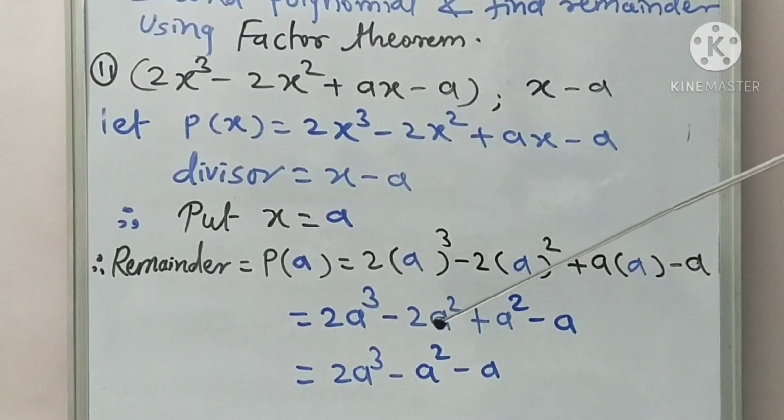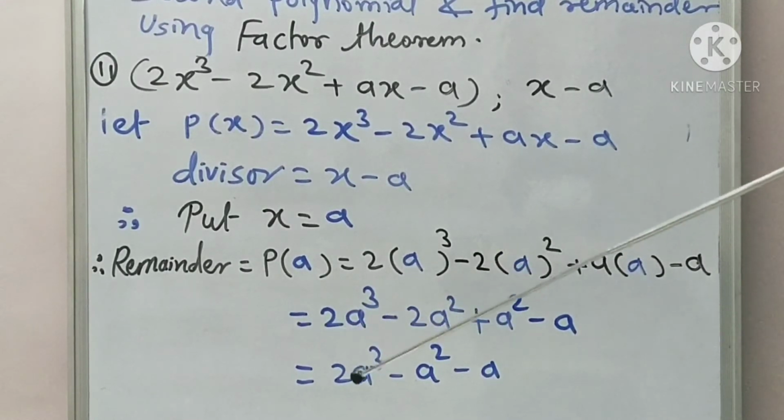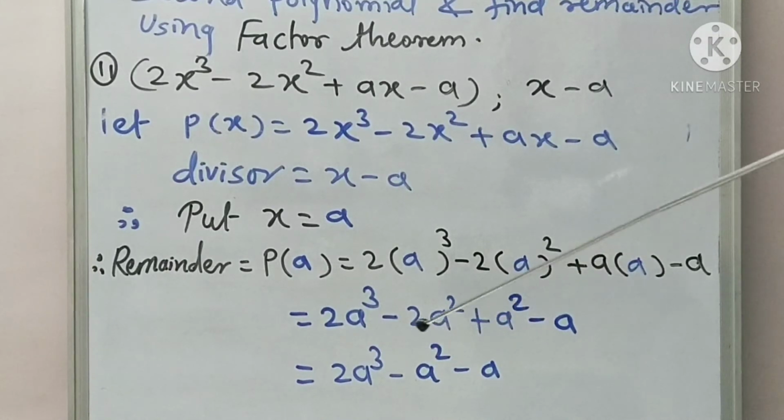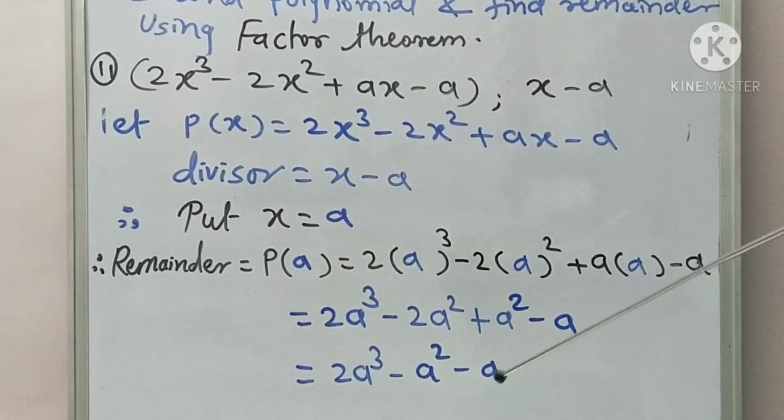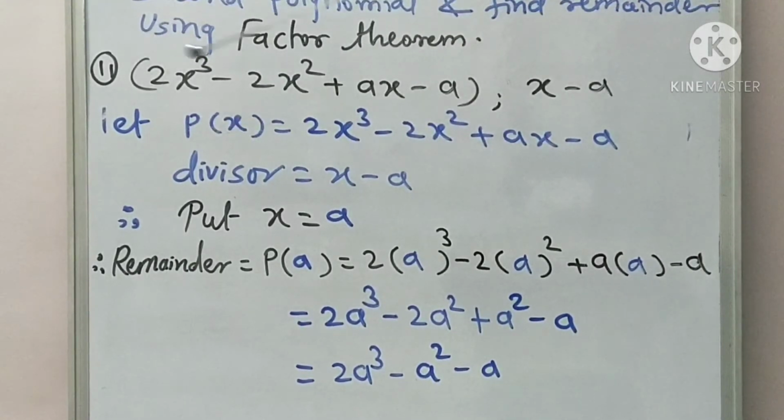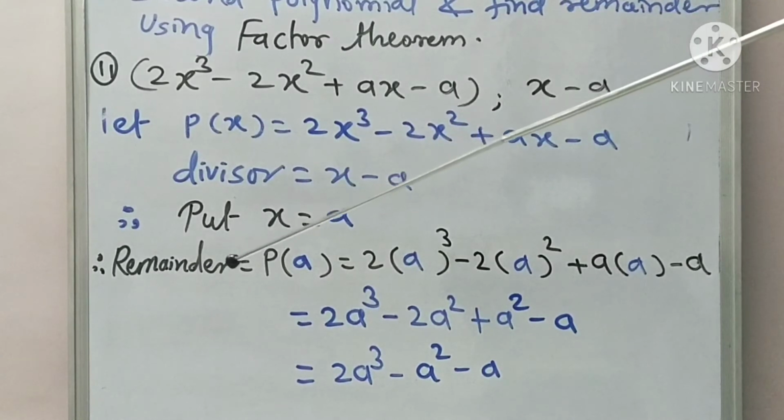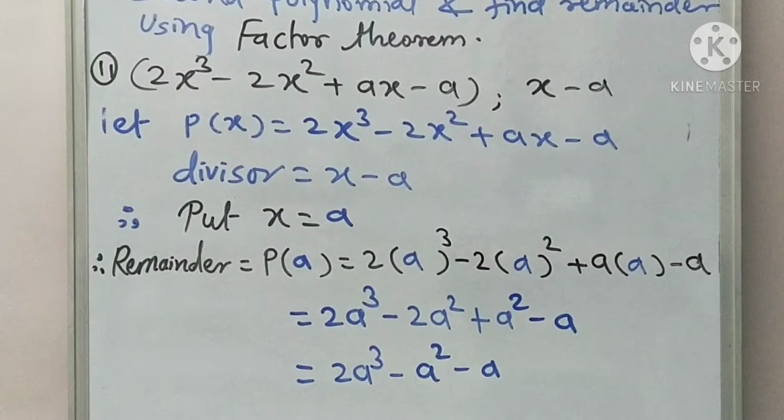The second and third are like terms, so 2a cube as it is, and we do the subtraction as minus a square, and the last term is minus a as it is. So for this division, the remainder is 2a cube minus a square minus a.